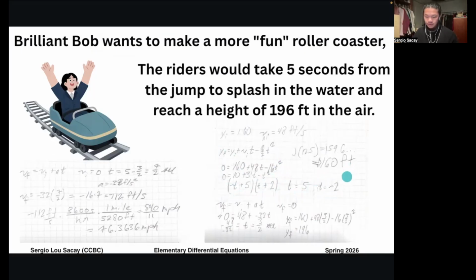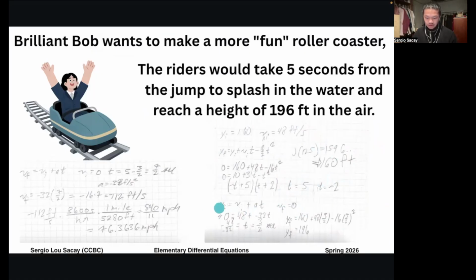So t equals 5. That is the time it takes for the passengers to reach the ground. So count 1, 2, 3, 4, 5, and that's a fast time to reach the ground.